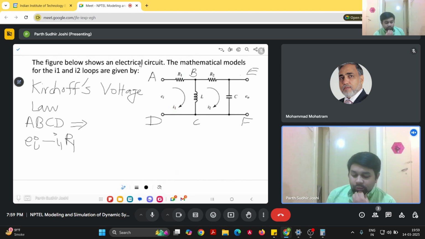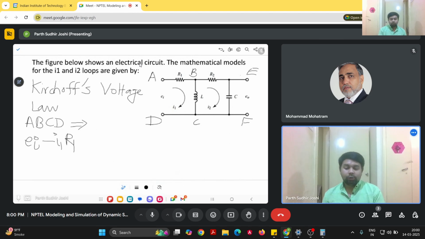And now the next component is the inductor L. Because the inductor is part of both the loops ABCD as well as BCEF, we need to consider the net current flowing across this inductor, which is the algebraic sum.